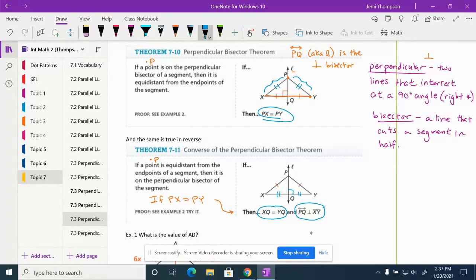Something else I want to point out is that when we write a phrase like XQ is equal to YQ, this means the lengths are equal.